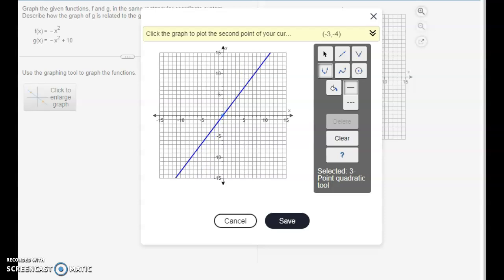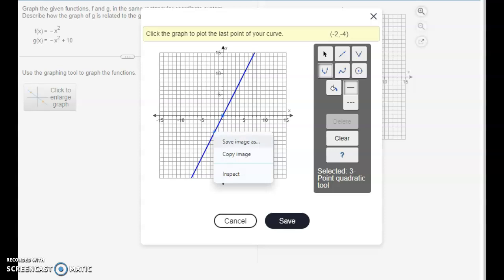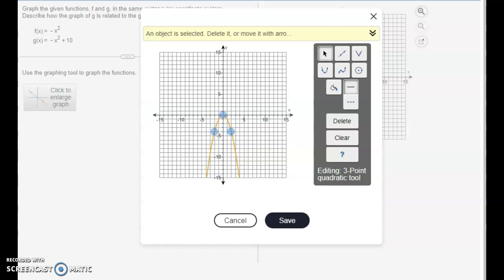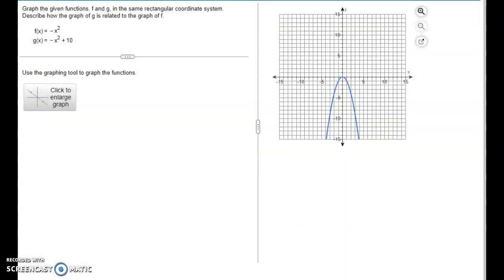I could do negative 2, negative 4. And notice how when I'm selecting it, it shows the point I'm selecting up here on the top right. And then I'm going to pick the point positive 2, negative 4. So notice in the yellow bar. So now I have it, and I'm going to click save.